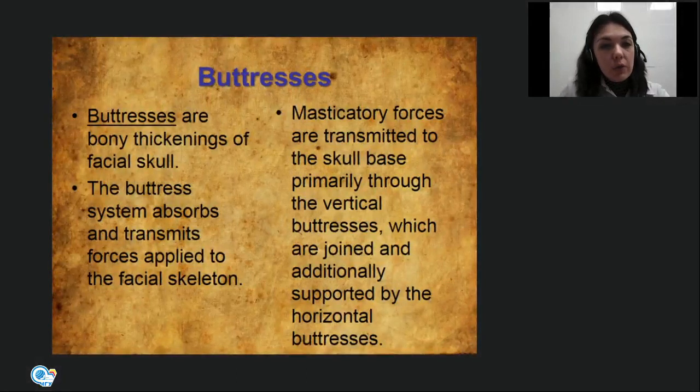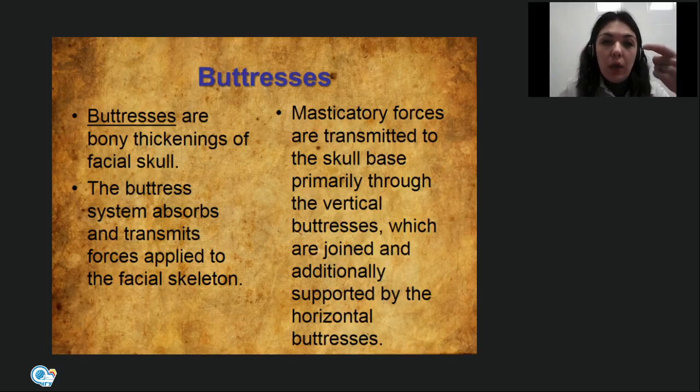What are the buttresses? Buttresses are bony thickenings of the facial skull. The buttress system absorbs and transmits forces applied to the facial skeleton. Masticatory forces are transmitted to the skull base primarily through the vertical buttresses, which are joined and additionally supported by the horizontal buttresses.